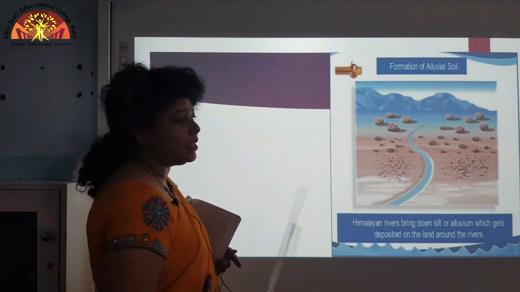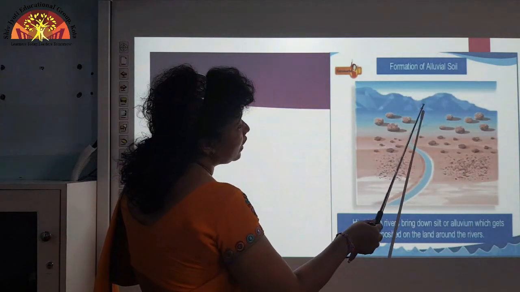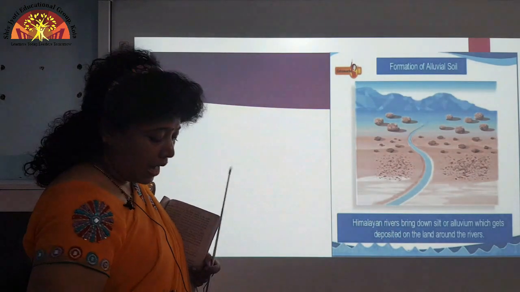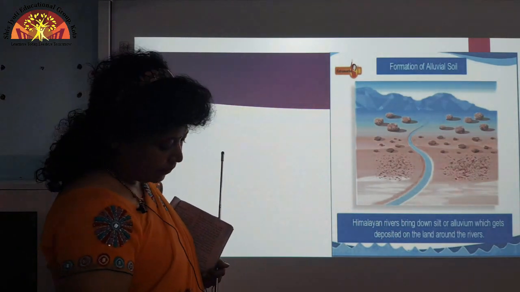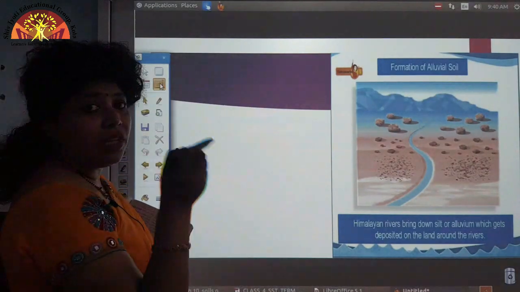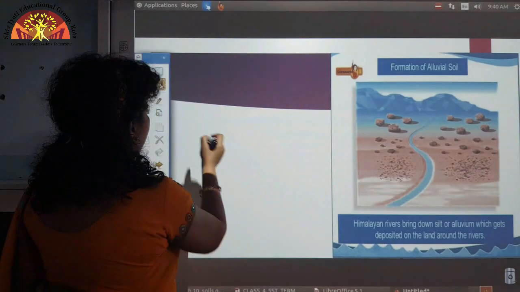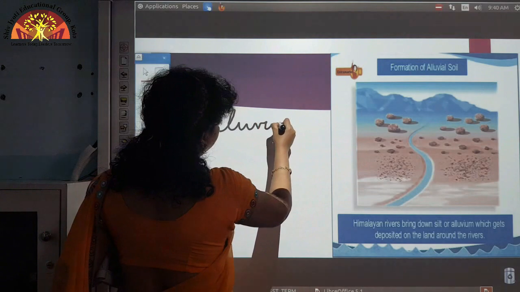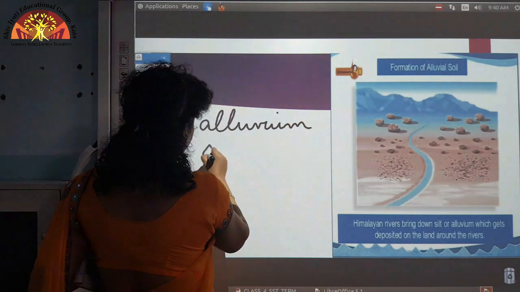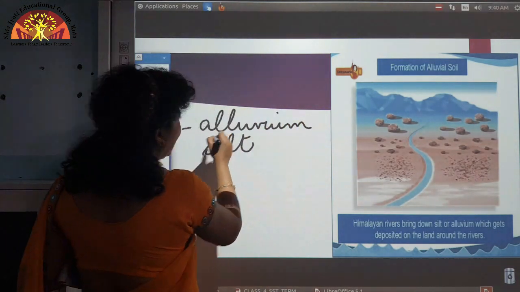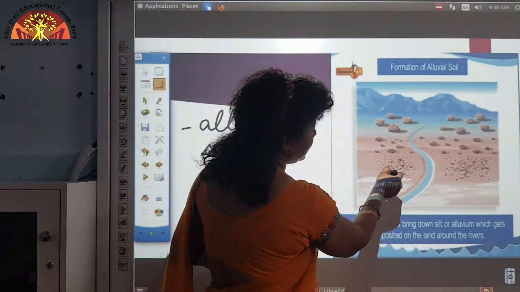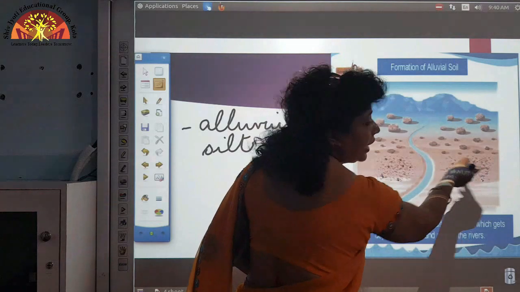What happens is, the Himalayan rivers, when they flow to the northern plains, they bring with them alluvium or silt. And this alluvium or silt is deposited in the land surrounding the rivers.